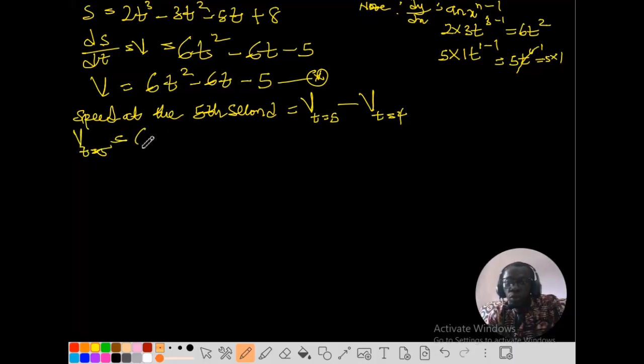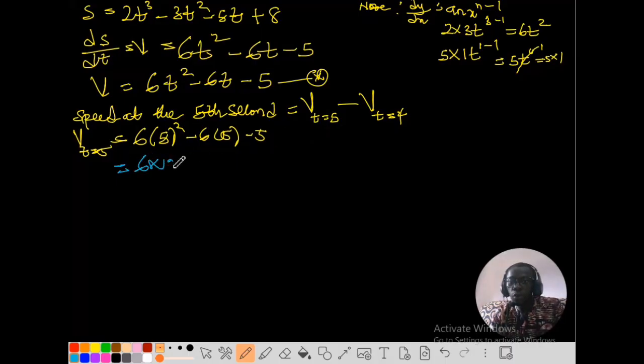From this equation you have 6, then t becomes 5 raised to power 2, minus 6 times 5, minus 5. That gives us 5 raised to power 2 is 25, so 6 times 25 will give us 150, minus 6 times 5, which is 30, then minus 5.